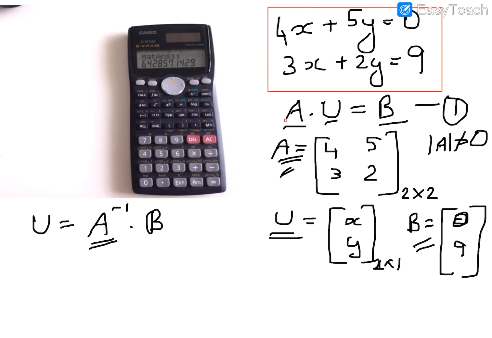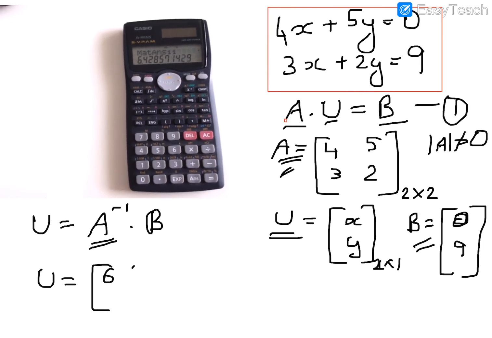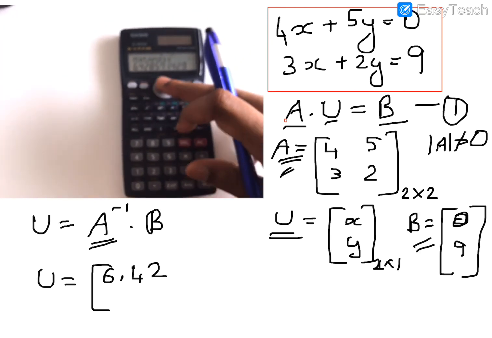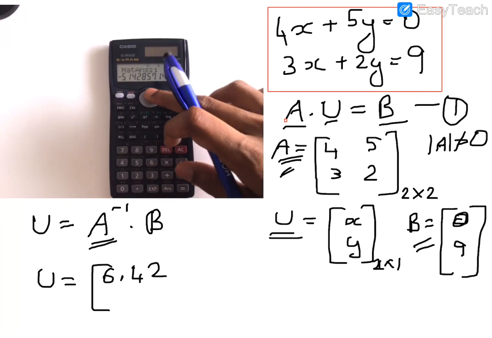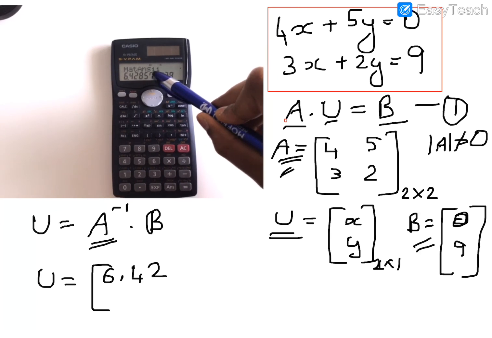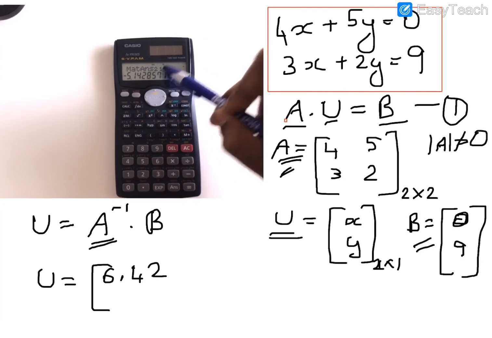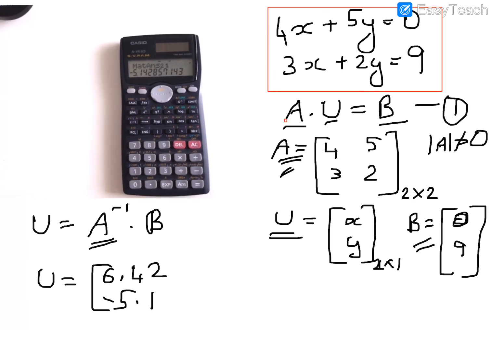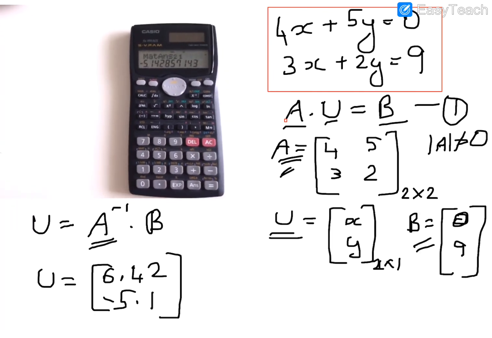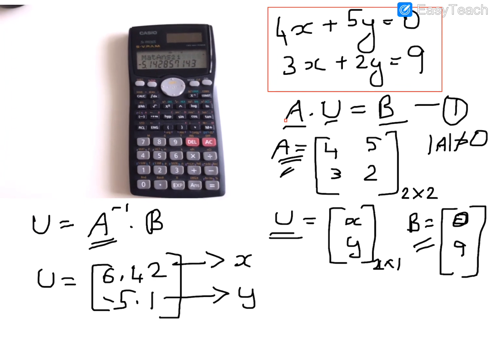So there you go, in matrix U, you have 6.42, and if you go here again, it shows you the first row, first column value is 6.4, and the second row, first column value is minus 5.1. So this is going to be the value of your x. This is going to be the value of your y.